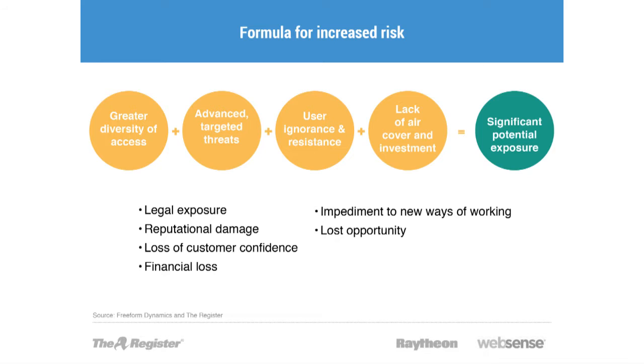I mean, on that note, the danger with the security industry, as everyone knows, is people are always saying the sky's going to fall in. It's an awful place. Things are going very wrong. So the risks around DLP and DLTs, what problem are we trying to solve here? Is it really increasing, or is it just changing? What's the deal, Tony? Well, we get this information from the Register readers every time that we talk to them, that there's great diversity of access, both in terms of devices being used and the number of people accessing things.